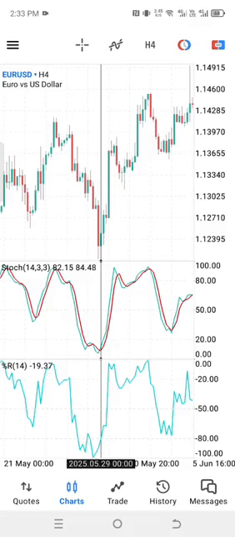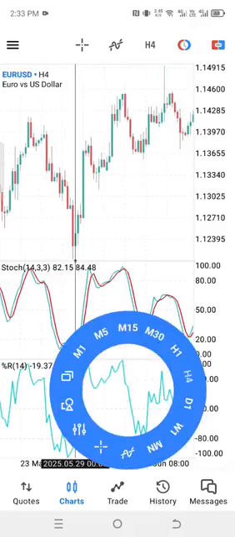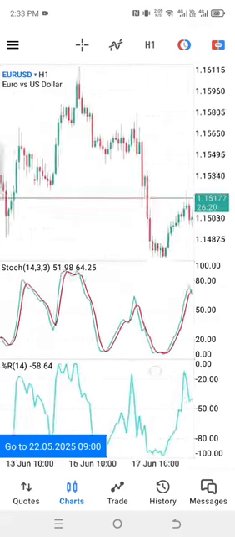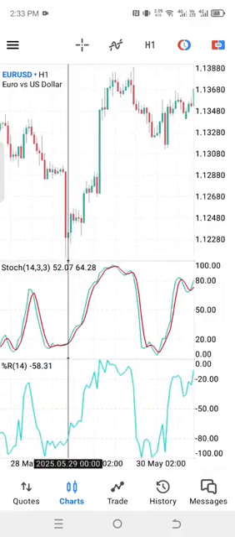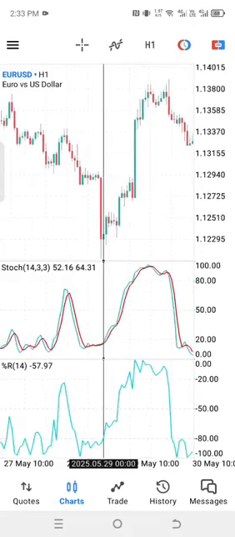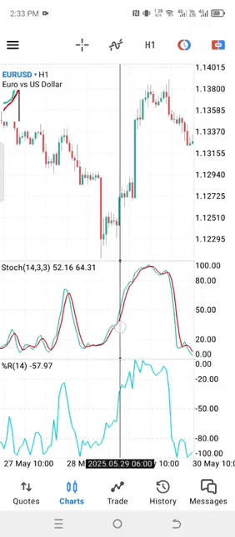Then the next thing I'll do is to go to the H1 time frame. Now remember what I always say, that when I make use of 3 different time frames for my top-down analysis, it simply means that it can be replicated on any time frame of your choice, depending on your style, whether you're a swing trader or a scalper, guys.